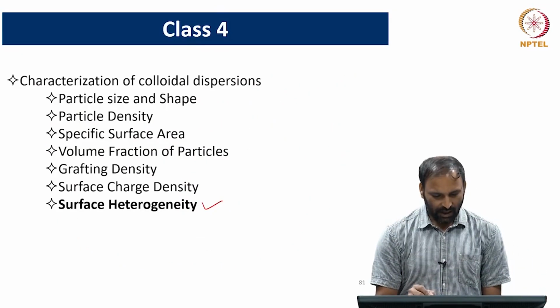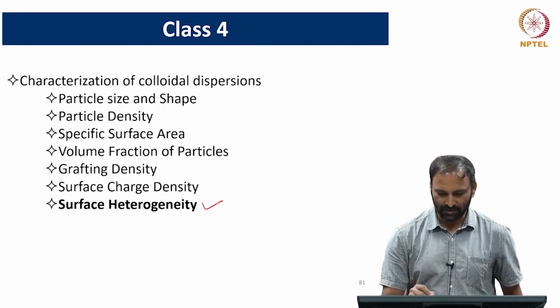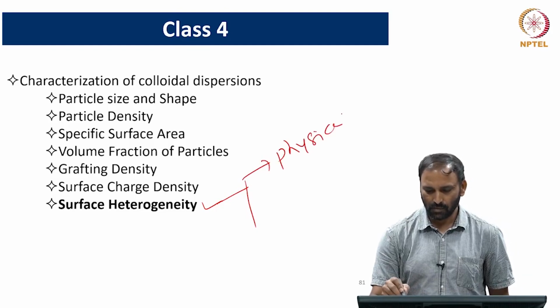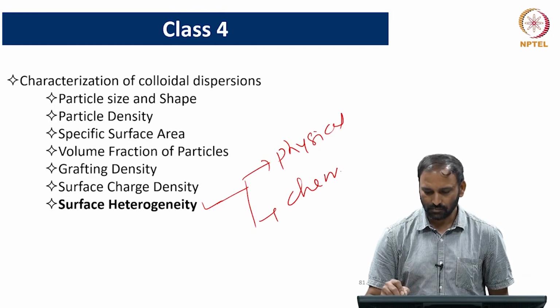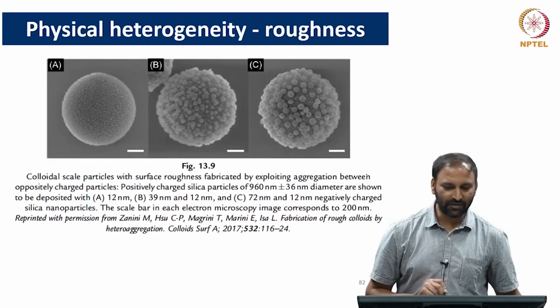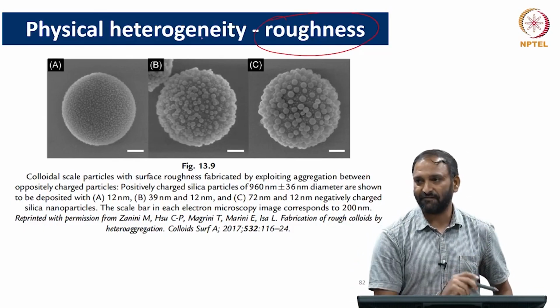The last parameter, surface heterogeneity. I have mentioned that there are two types of heterogeneity, a physical and a chemical heterogeneity. An example of a physical heterogeneity is particles that are rough.